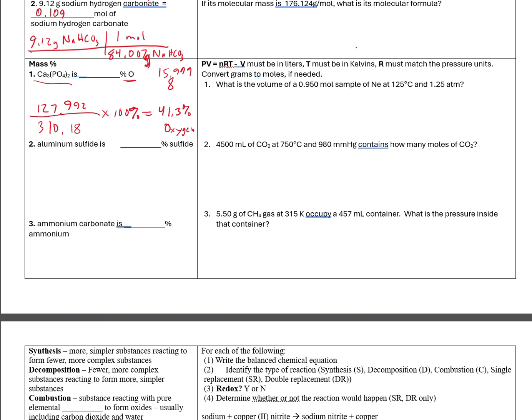We need to do a similar thing with aluminum sulfide. You need to realize that its formula is this. Remember, the sulfides, the ides, are the negative versions of elements, mainly nonmetals, but with no extra oxygens or anything. 3 sulfides would be 3 times 32.066, and the total mass of aluminum sulfide is 150.158.